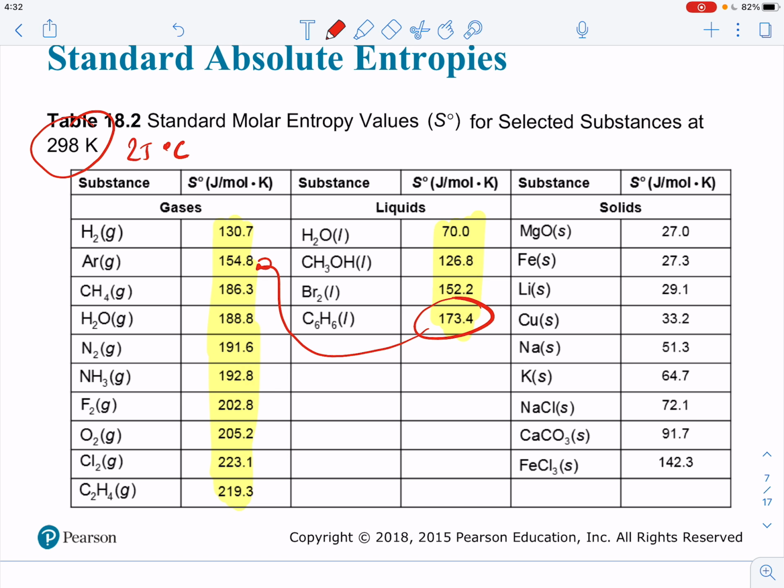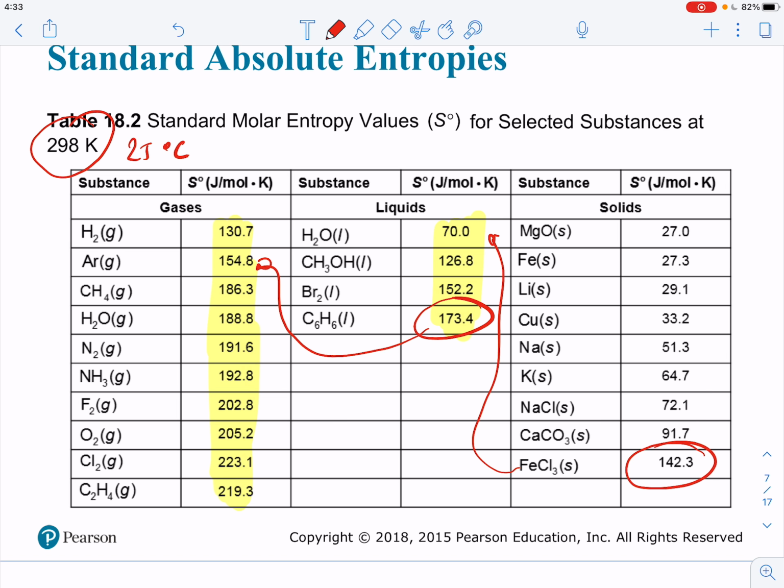But in general, gases will have larger entropies than liquids, and liquids larger entropies than solids. Again, just for comparison purposes, we have iron chloride here, and it has an entropy value of 142. If you compare that to water, which is a liquid, that solid has a larger entropy than water in the liquid phase.